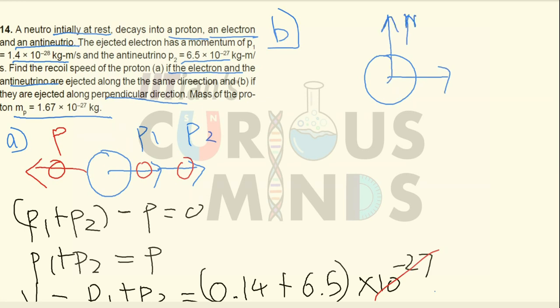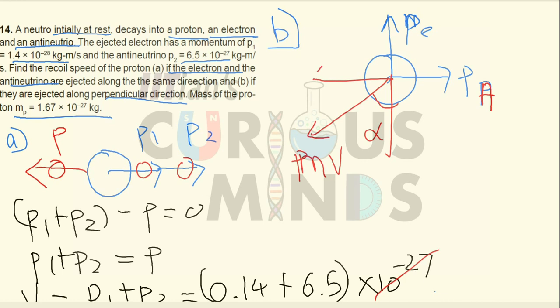Let this be the momentum of the electron and let this be the momentum of the antineutrino. The proton will now move in this direction with a momentum p, let it be equal to mv. Let this angle be alpha. So the components are mv cos alpha and mv sin alpha.